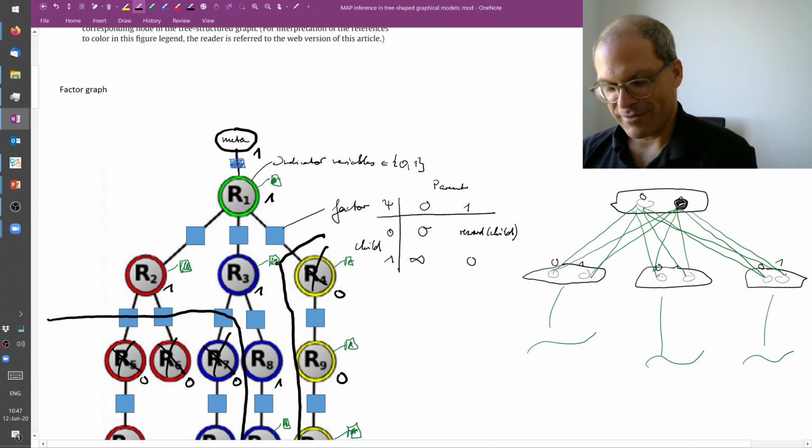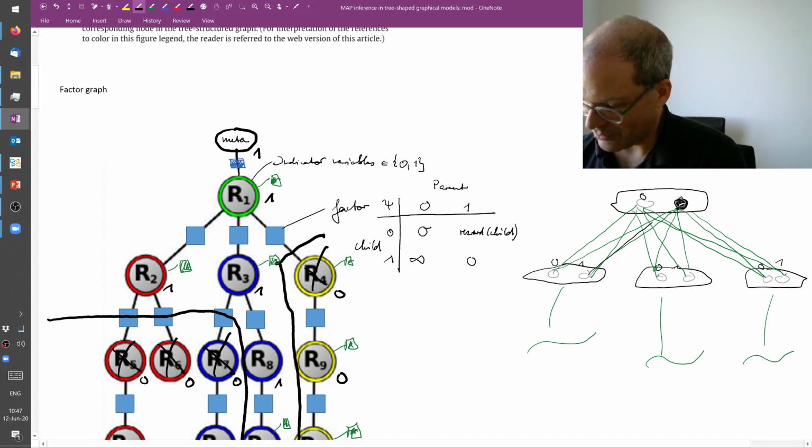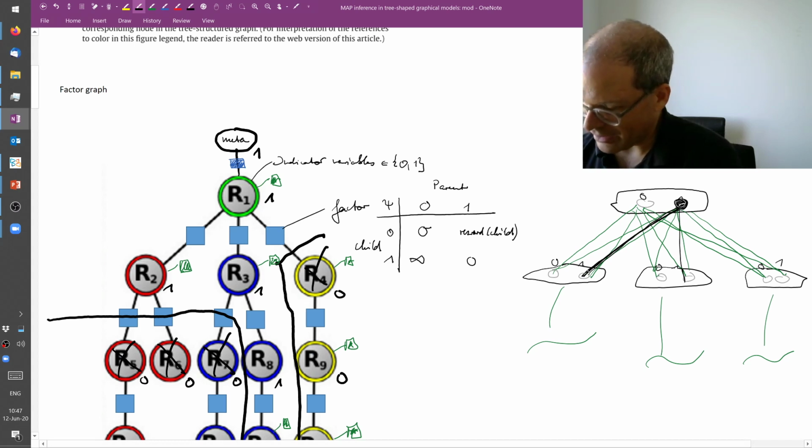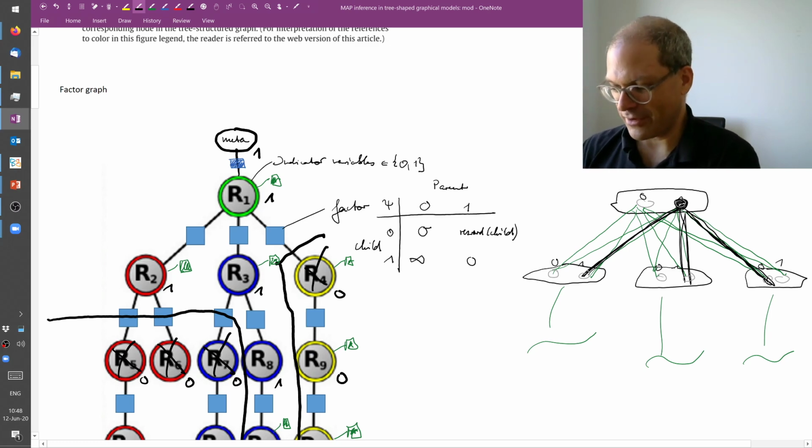So this generalization of shortest path would go, I would use the 1 branch here, I would use the 1 branch there, and I would use the 0 branch here. And it goes on.